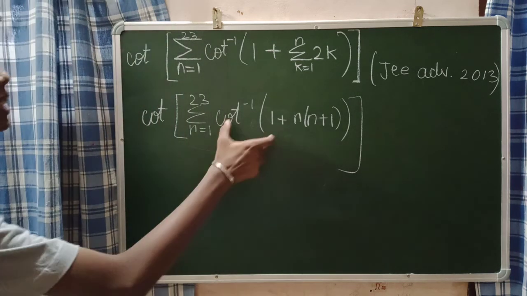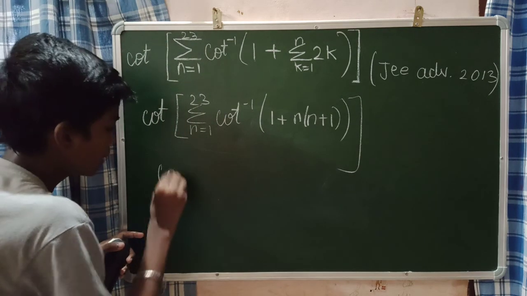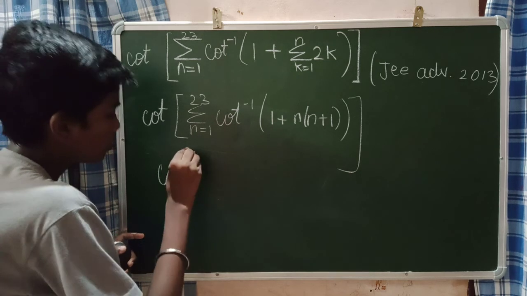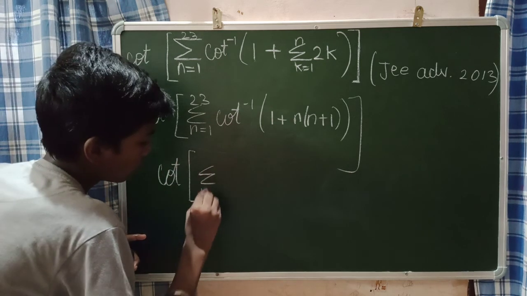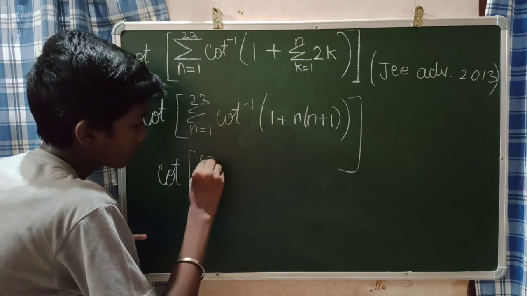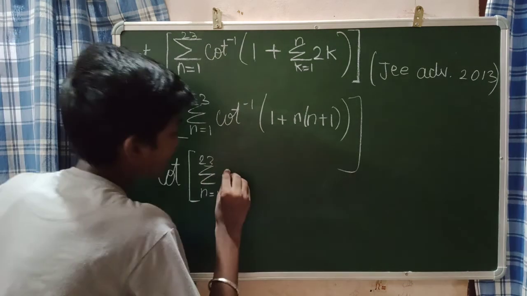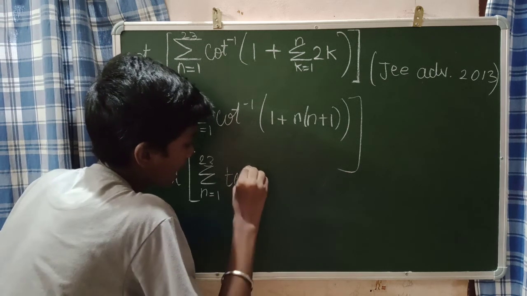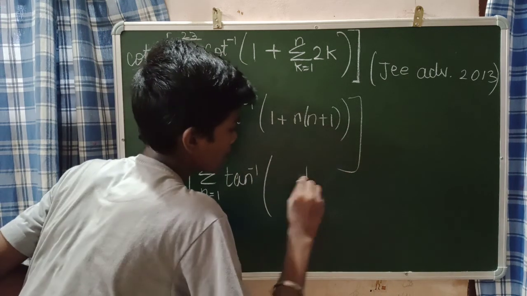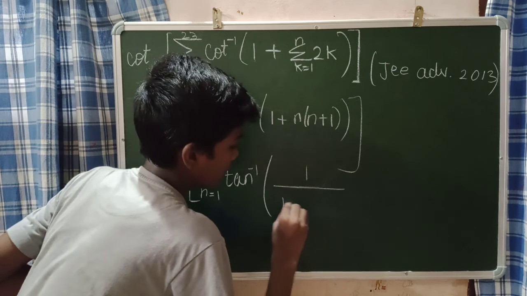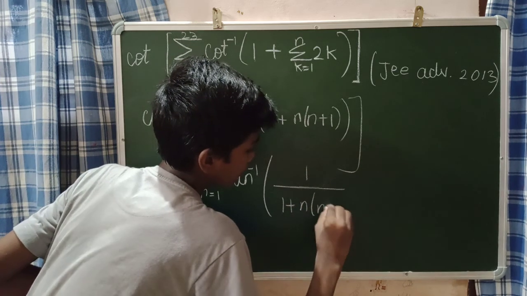So when I convert this cot inverse in terms of tan inverse, what you will get is cot of summation of n is equal to 1 to 23 of tan inverse of 1 by 1 plus n into n plus 1.